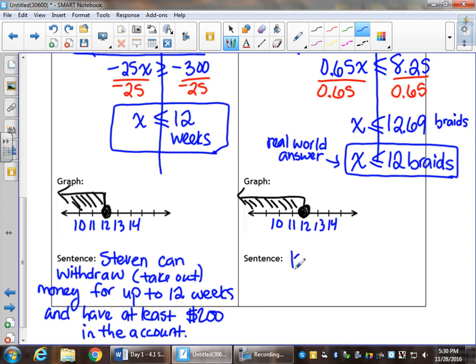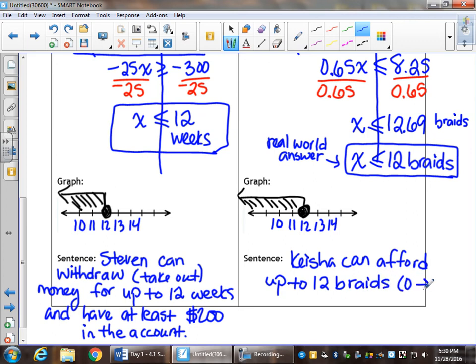Keisha can afford, there's many ways to say this, up to 12, 12 or less, however you want to say it. Up to 12 braids. So really what that means is 0 to 12 is the possible answers, right? Up to 12. Or you could say no more than 12.